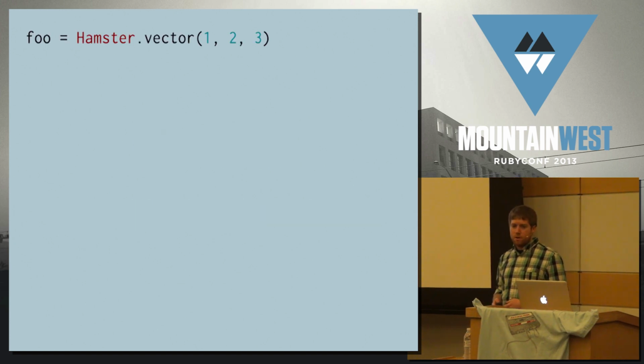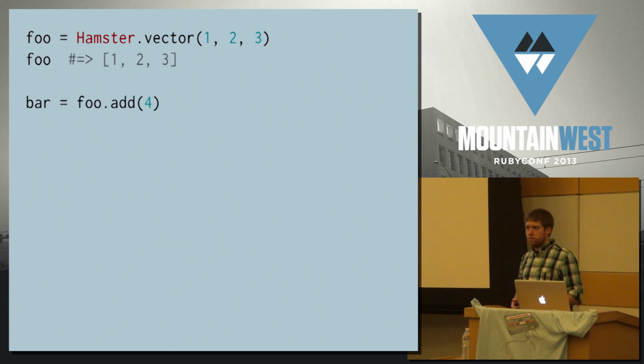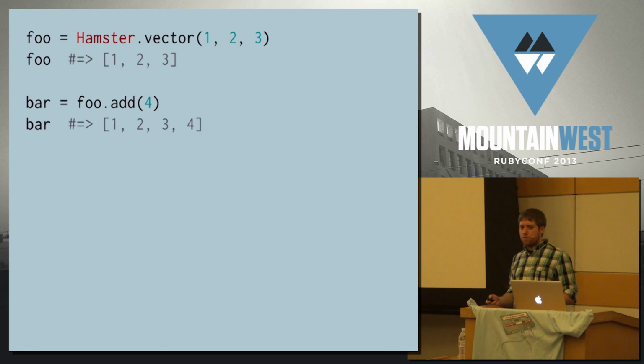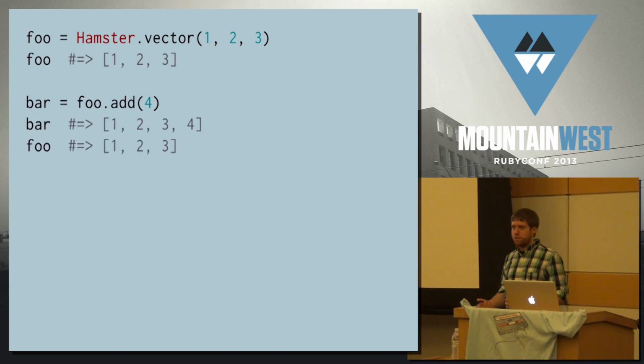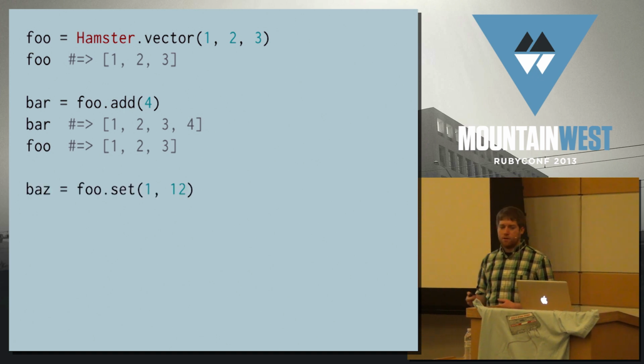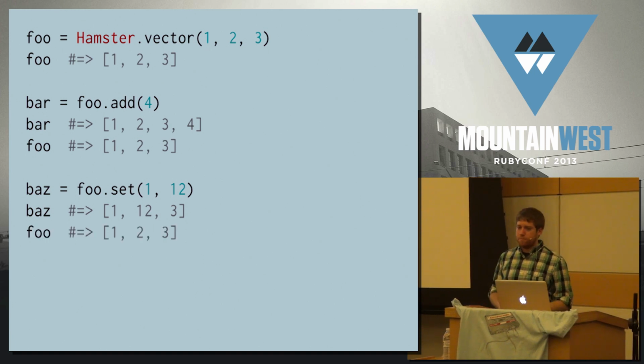So as an example, we have a vector called foo that contains the numbers 1, 2, and 3. When we add a 4th element to it, we're assigning this into bar. And so bar contains the modification we just made, but foo remains unchanged. And when we try to change one of the elements in the vector, baz has the change, but foo doesn't.